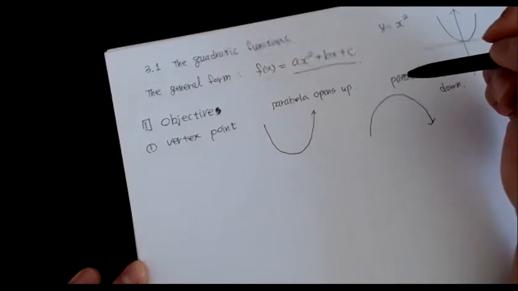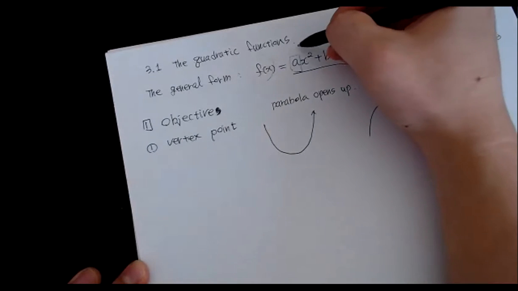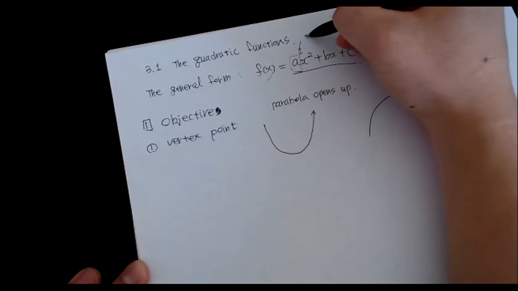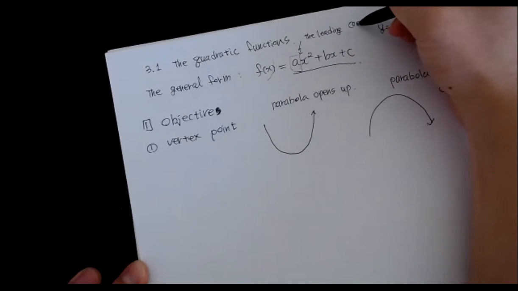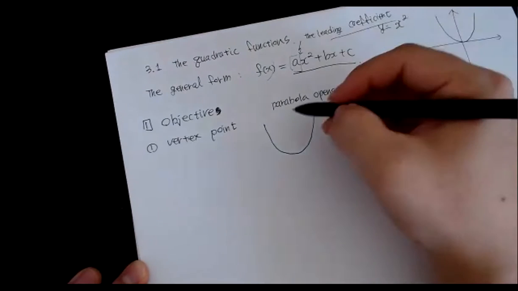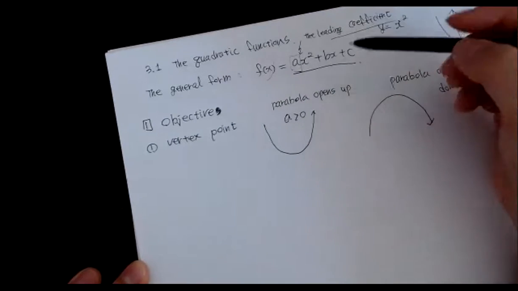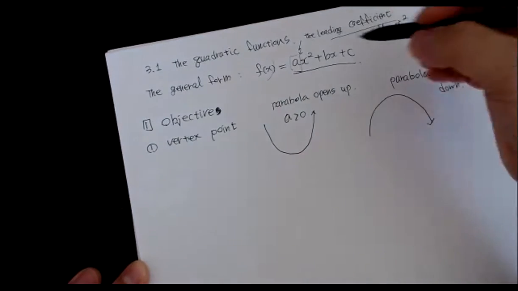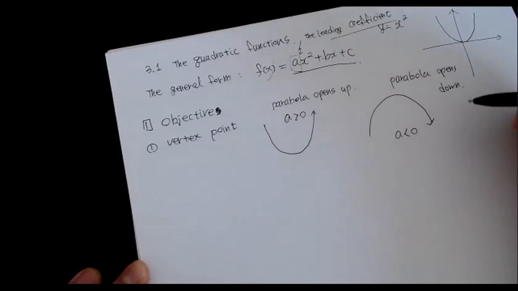That is determined by the sign of a. Here a is called the leading coefficient. If a is greater than 0, then the graph of f of x is going to be a parabola that opens up, no matter what b and c are. And if a is less than 0, then we get a parabola that opens down.